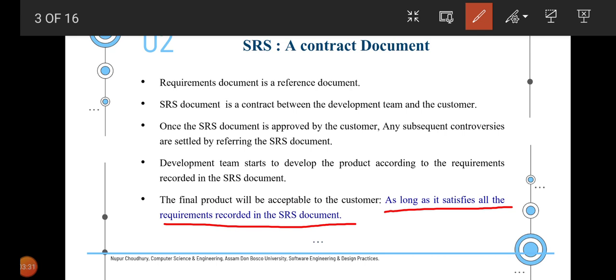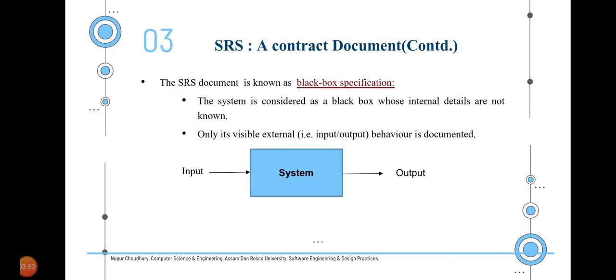If the customer finds that certain features or functionalities are not incorporated in the developed product, it also acts as a check on the development process, whether all the requirements have been fulfilled or not.